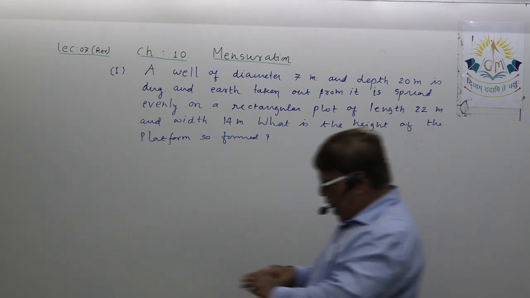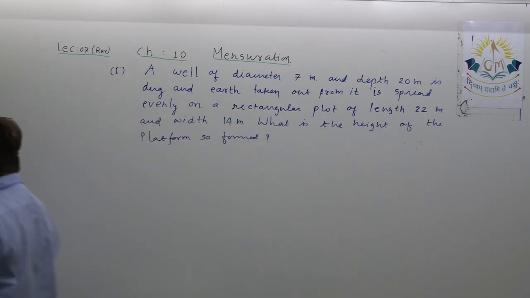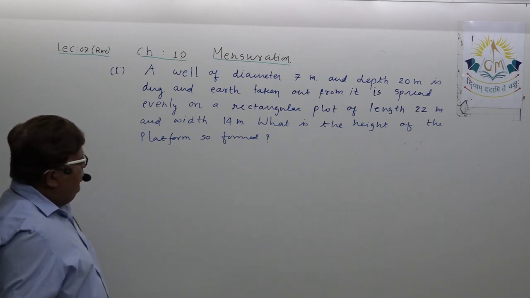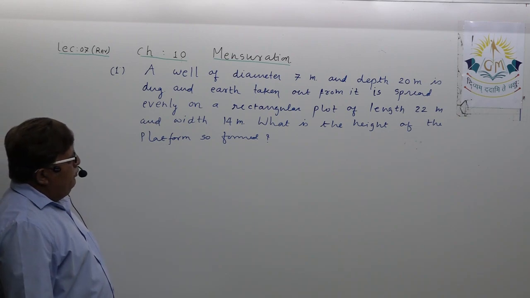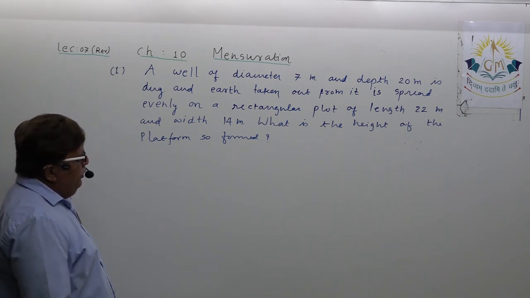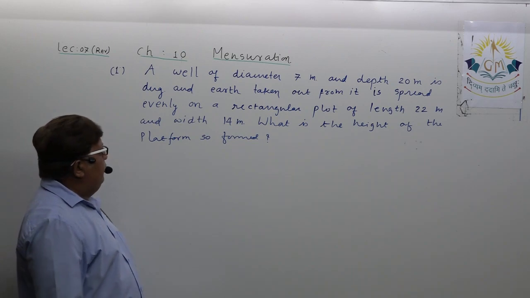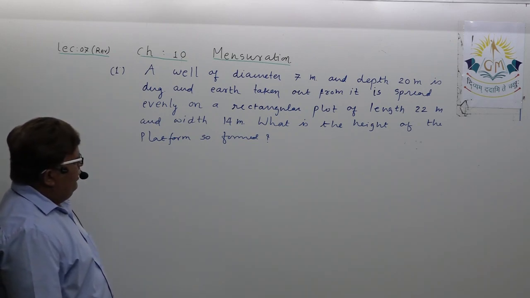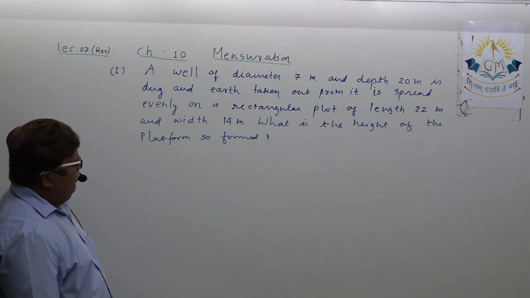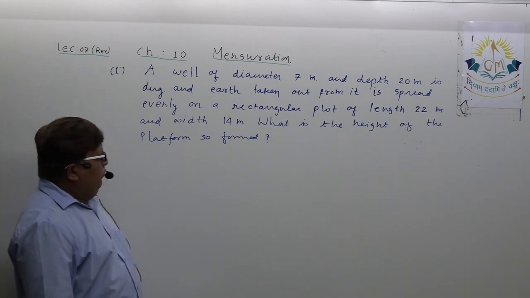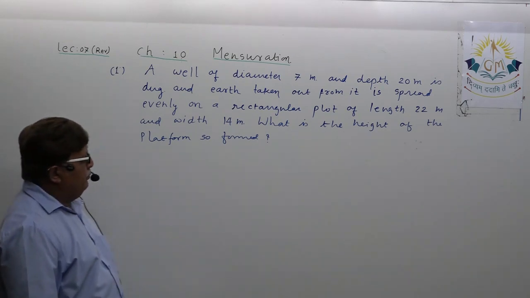First you need to write down the sum. A well of diameter 7 meter and depth 20 meter is dug and earth taken out from it is spread evenly on a rectangular plot of length 22 meter and width 14 meter.